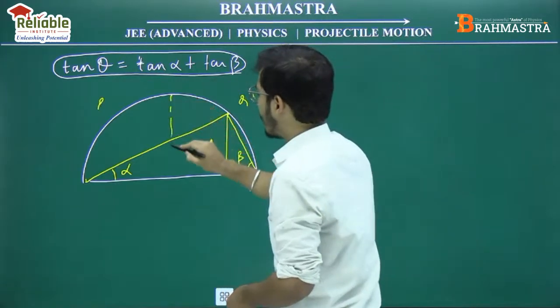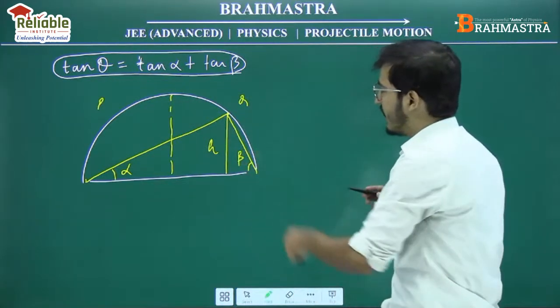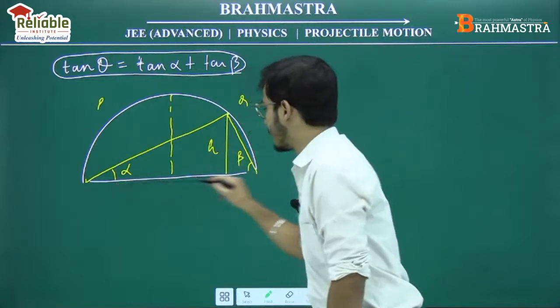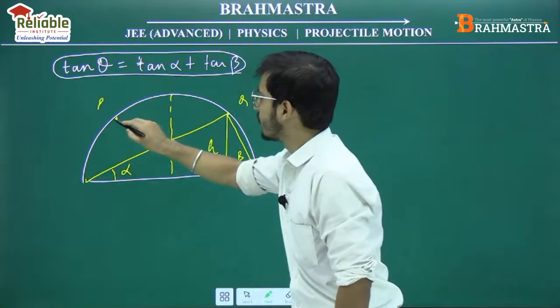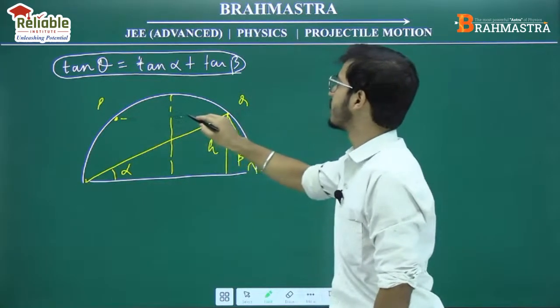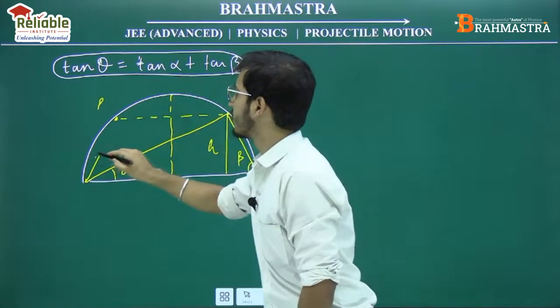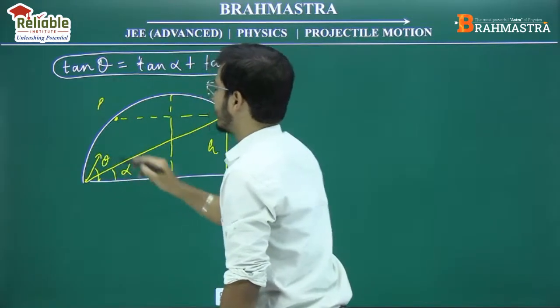And we know the maximum height is capital H. Now what we are actually interested in is this particular distance. The bird flight from point P to point Q, right? This is point P and this is point Q. And this is basically the projection velocity, and the projection angle is theta.